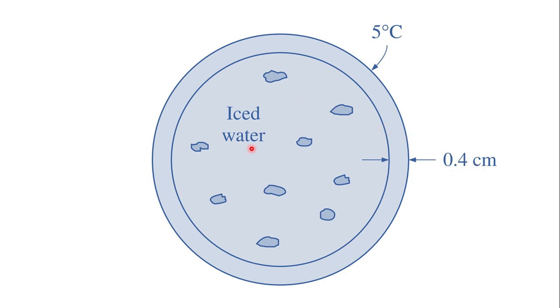So this is the iced water which is being placed inside the spherical container, and it is maintained at the temperature of 0 degrees centigrade, and the outer surface temperature of this spherical container is maintained at 5 degrees centigrade. So we have to determine the heat loss, and secondly we have to determine the rate at which the ice melts inside this spherical container.